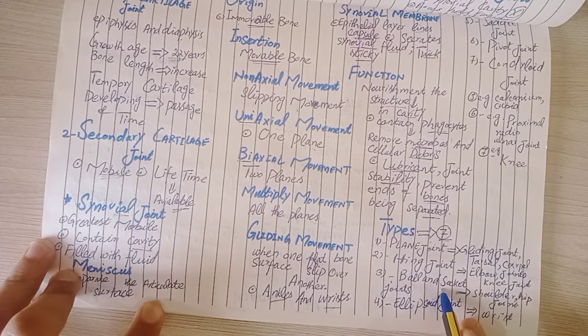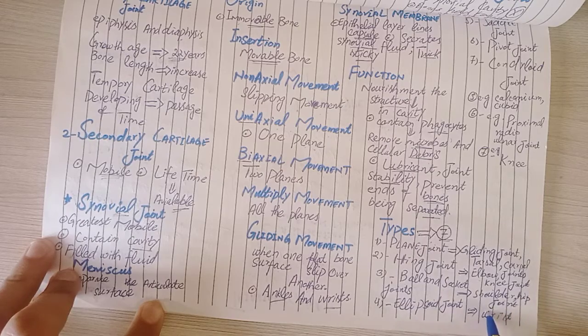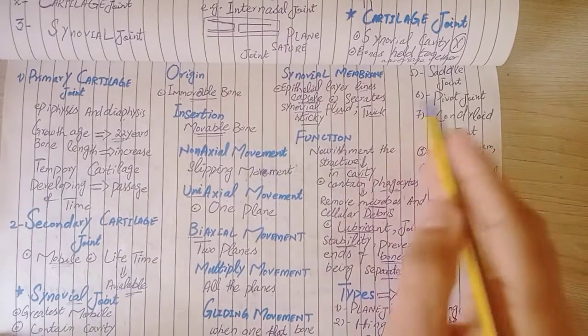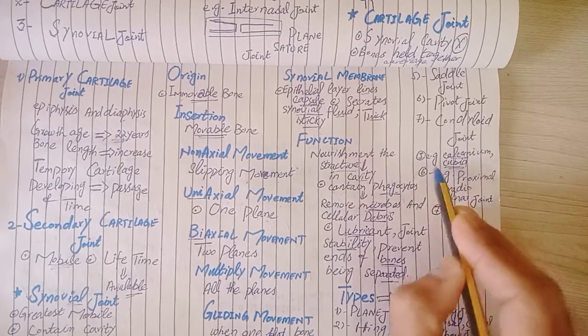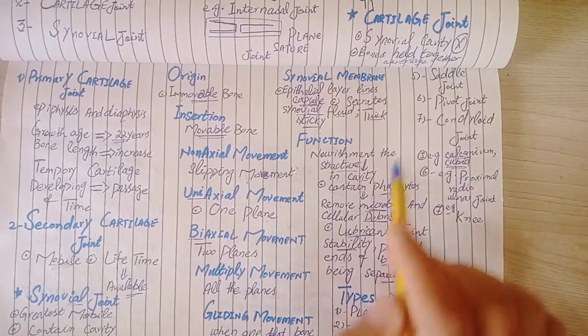Ball and socket joints, ball-shaped, are present in the shoulder and hip joints. Ellipsoid joints are present in the wrist joint. Saddle joints are present in the calcaneum and cuboid bones.